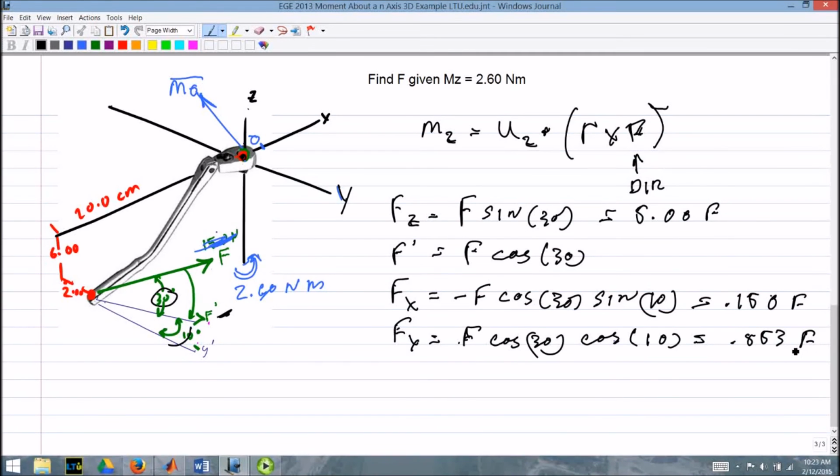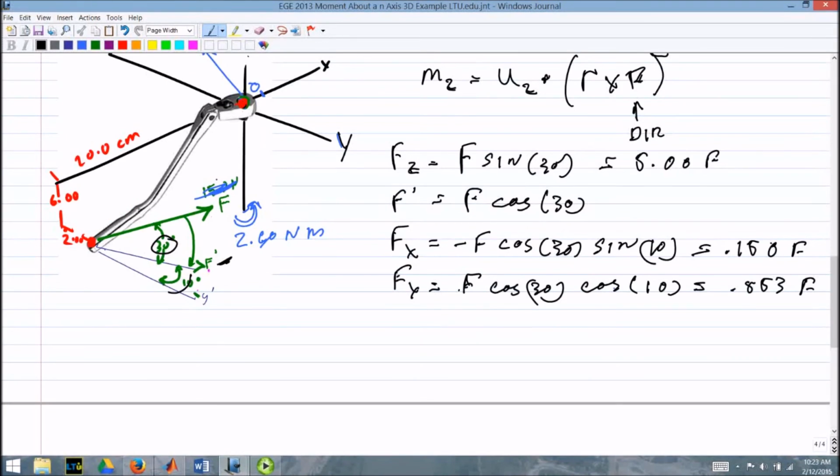So now I can plug that into my equation where I know that 2.60 Newton meters equals the u dot r cross F, which I can write as 0, 0, 1. My r vector, we know from above, was 0.2, 0.02, and negative 0.06.